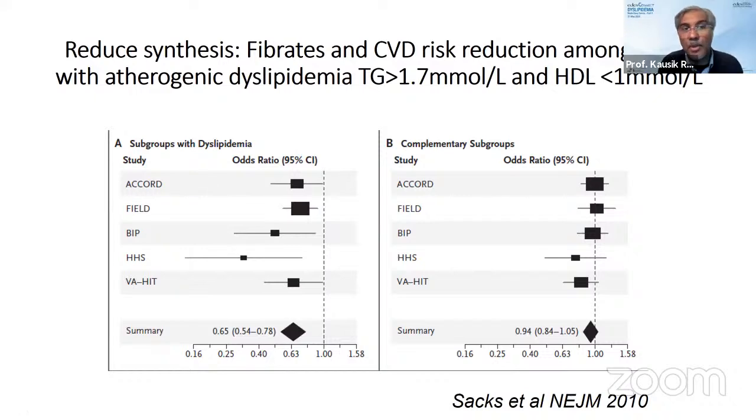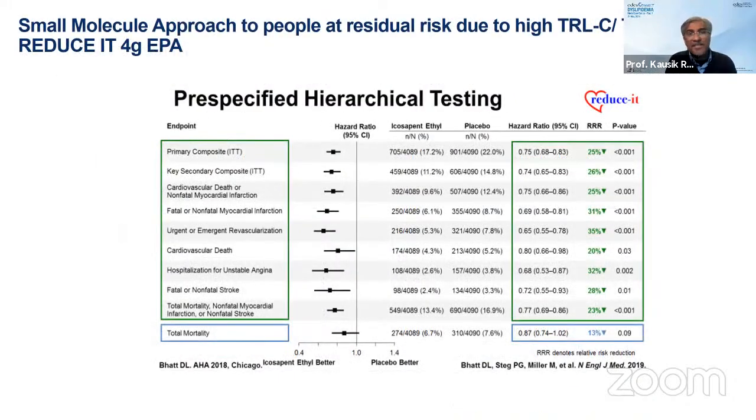This is still ongoing in a contemporary study called PROMINENT. But for those areas maybe where you don't have access to MABs after maximizing statin therapy, or you've just optimized the ezetimibe, it may be reasonable to consider a fibrate, particularly if the triglycerides are high, because you'll change atherogenic lipoproteins as well.